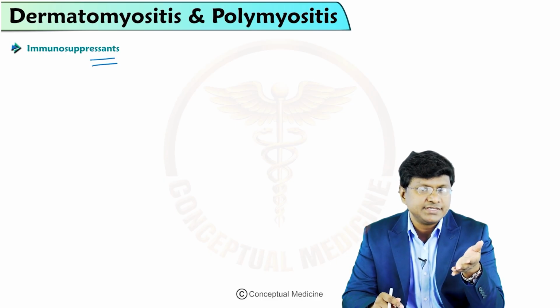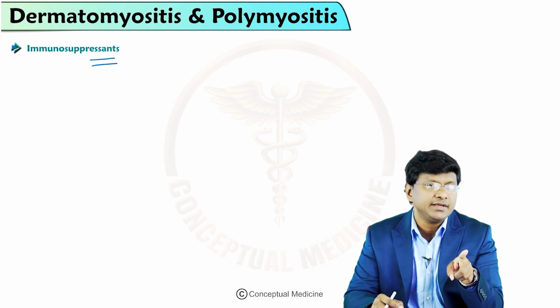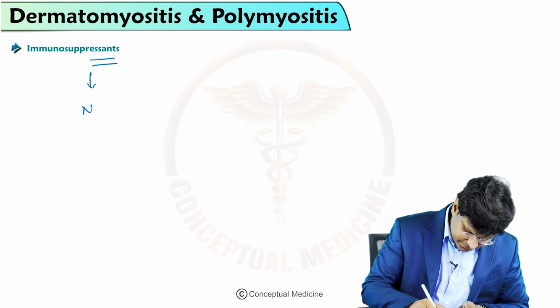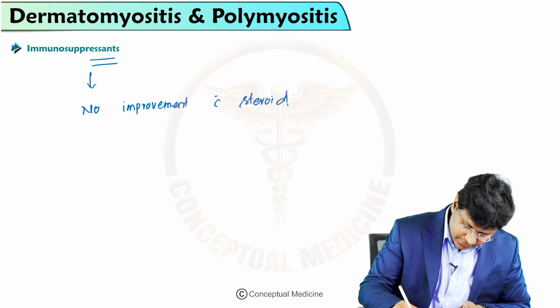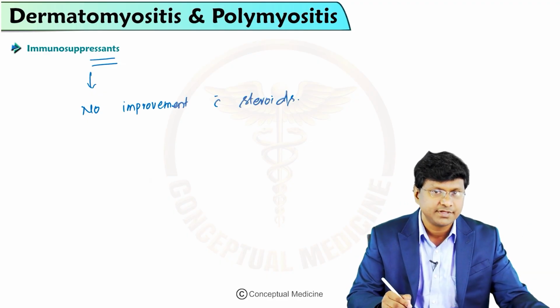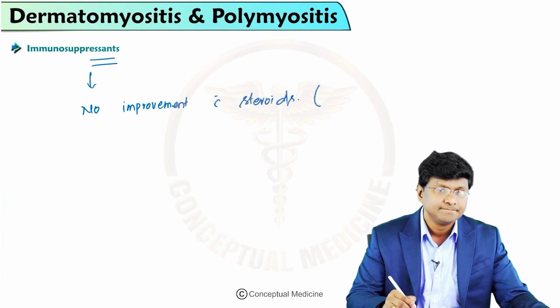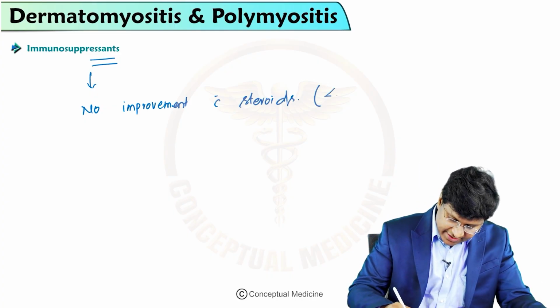The immunosuppressive agents are indicated in patients who do not improve with steroids and who do not tolerate the steroids. So the indication is no improvement with steroids. Then you need to add immunosuppressive therapy. This lack of improvement should be assessed within a reasonable period. That means you have given steroids.